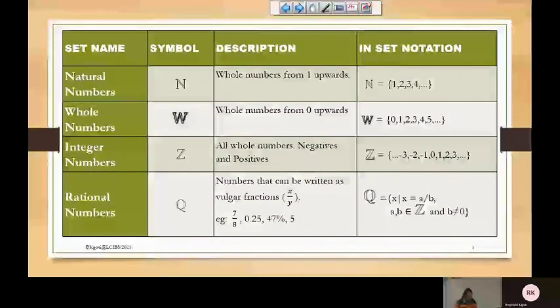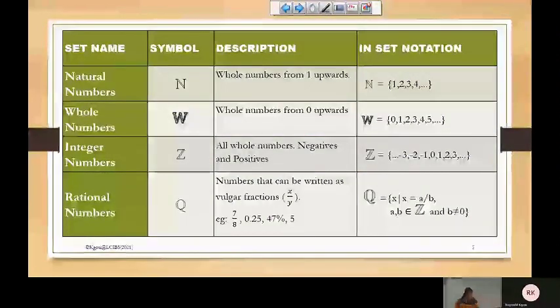Q is any value of X. Now the set of Q comprises all the numbers X, where X fulfills this criterion that it's A over B, and A and B themselves are both integers, but B is not equal to 0.